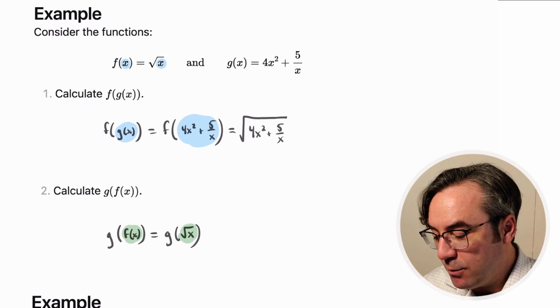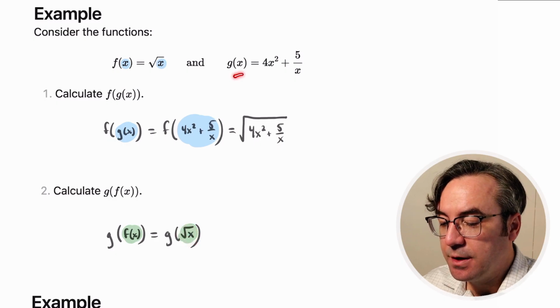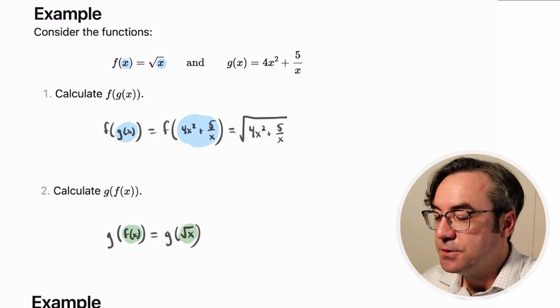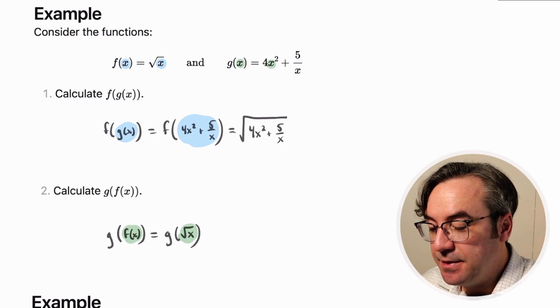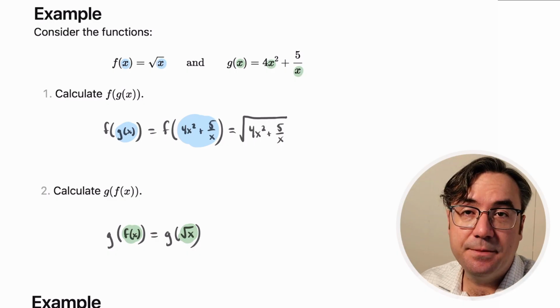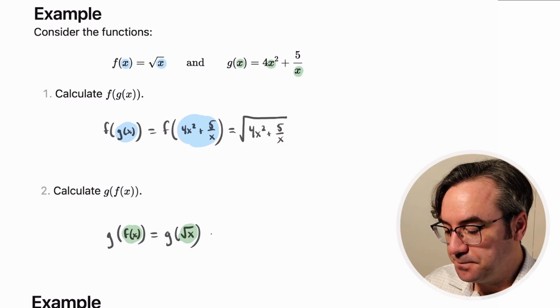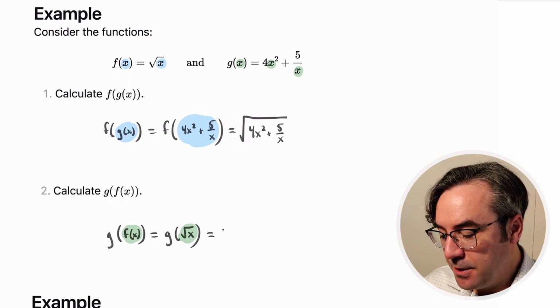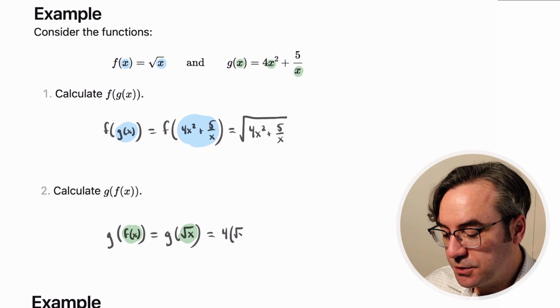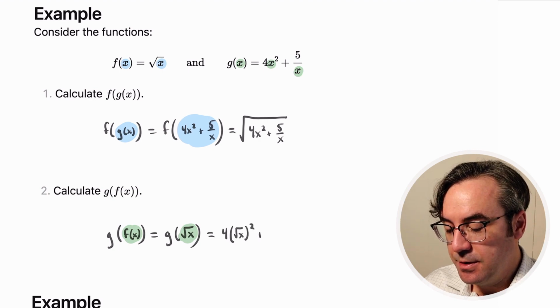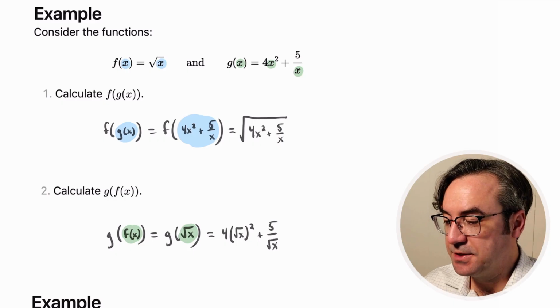And now we're going to take this result and plug it into function g. So wherever we see an x in this original formula for g, we're going to replace it with square root x. So if we do that, we get 4 square root x squared plus 5 over square root x.